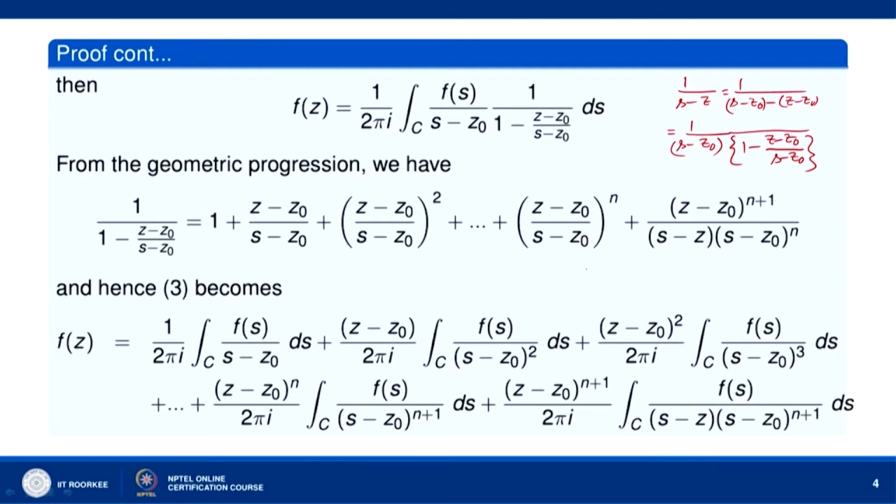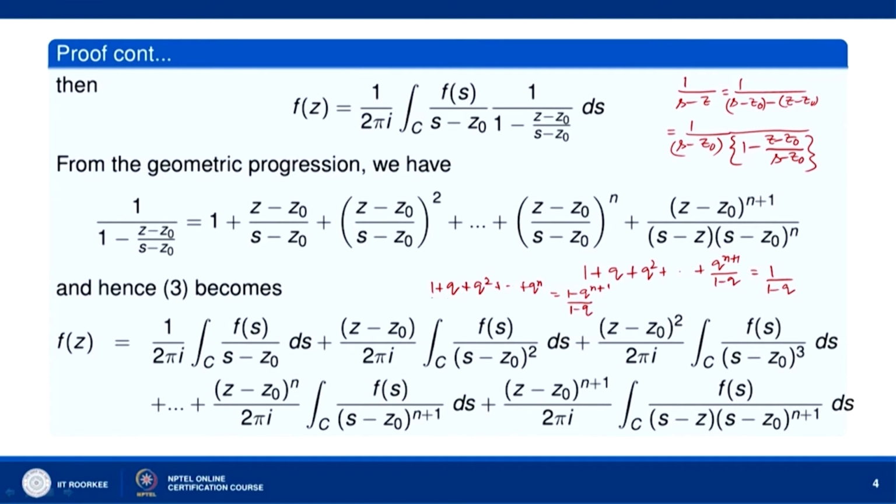Now we know that 1 plus q plus q square and so on up to q to the power n, plus q to the power n plus 1 over 1 minus q, is equal to 1 over 1 minus q. We know that 1 plus q plus q square and so on up to q to the power n minus 1 is equal to 1 minus q to the power n upon 1 minus q. If you take terms up to q to the power n, then there are n plus 1 terms, giving 1 minus q to the power n plus 1 upon 1 minus q.